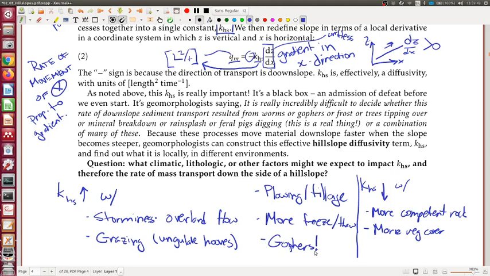The biota in that area, and it can also go down with other natural or human-induced processes such as vegetation. So there can be natural vegetation, we could plant vegetation.